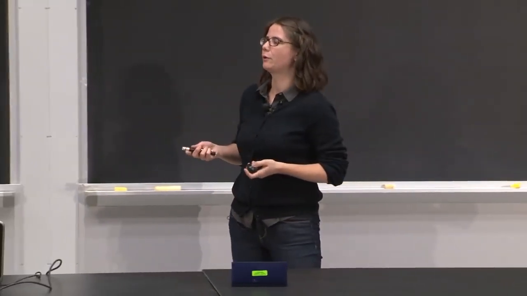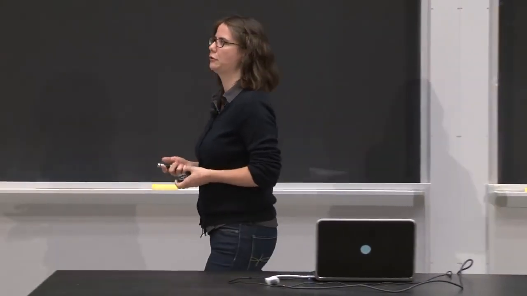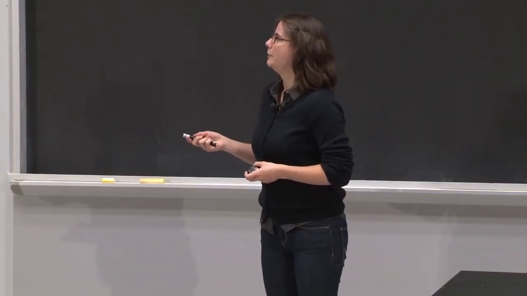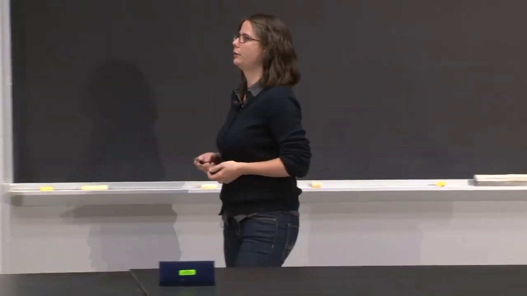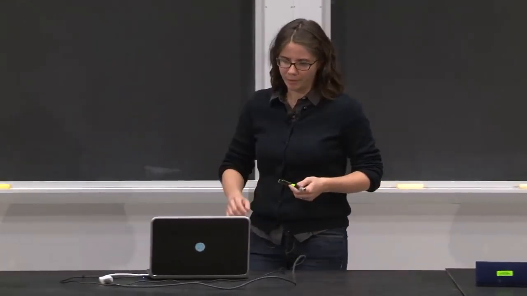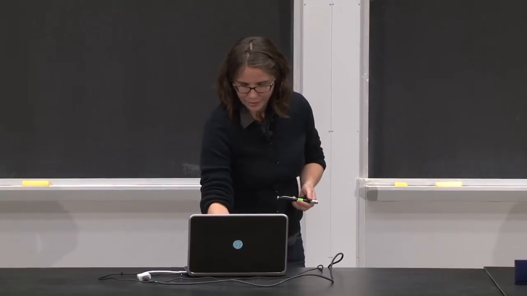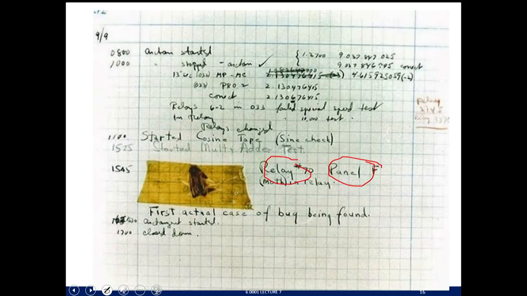And a group of engineers were working on running a program that was supposed to find a trigonometric function, and among them being one of the first female scientists, Grace Hopper. And they found that their program was not working correctly. So they went through all of the panels and all of the relays in the computer, and they isolated a program in panel F, relay 70, where they found this moth just sitting in there.